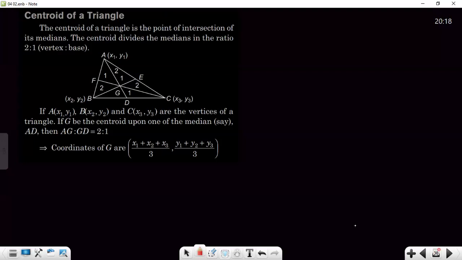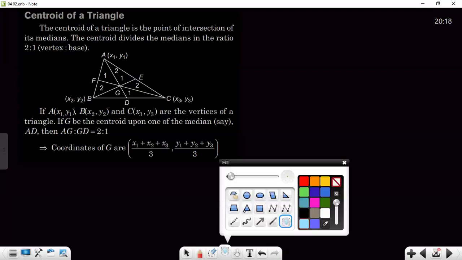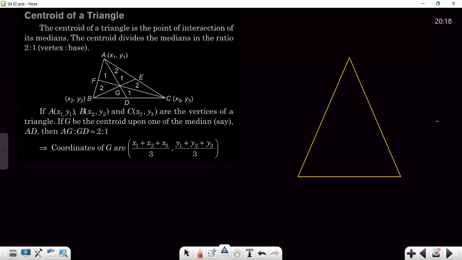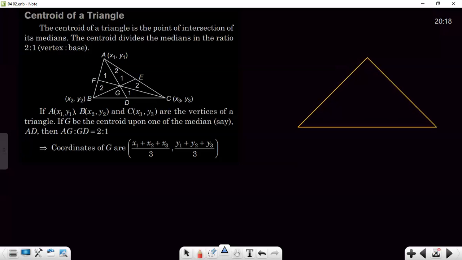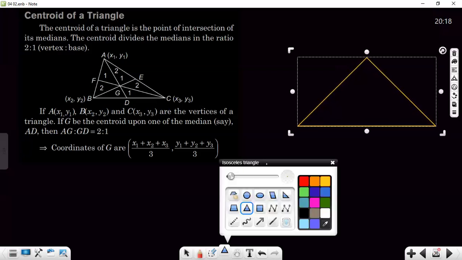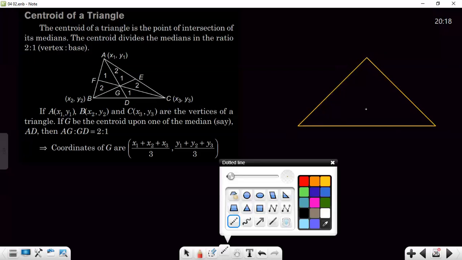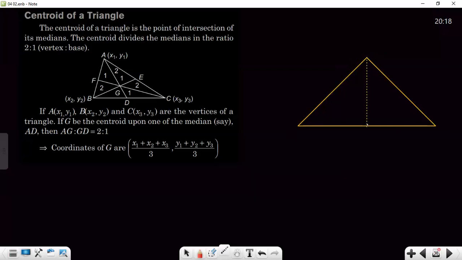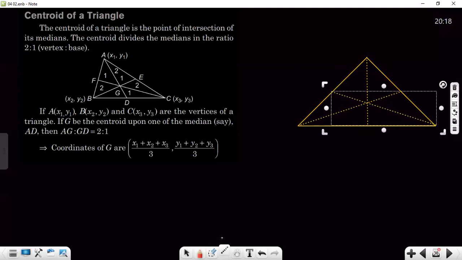Let me clarify. Let me draw the medians. These are the medians.